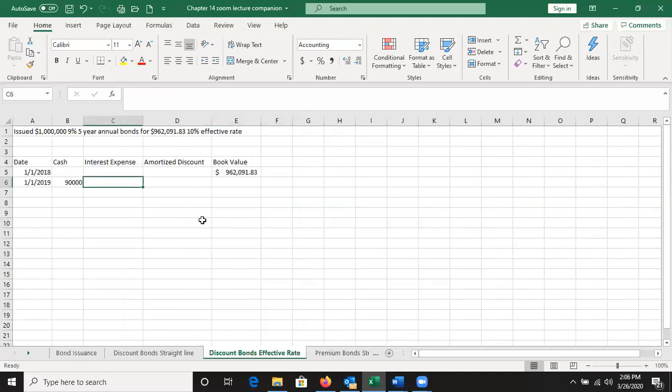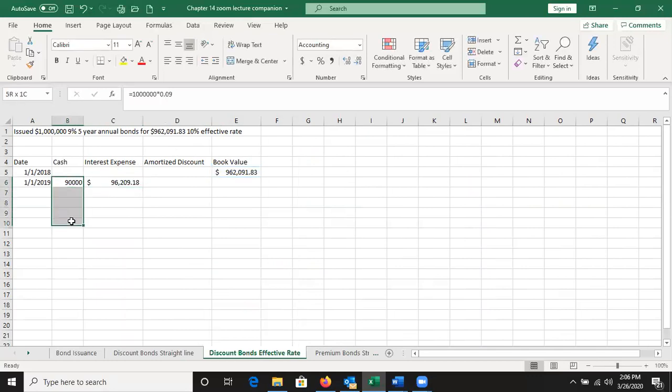Under the effective interest method, we calculate the interest expense by taking the most previous book value, multiplied by the effective rate, so 10%, and then multiplied by the term. Again, if it was semi-annual, it would be 6 over 12 or 0.5. In this case, it's annual, so it's 12 over 12 or 1.